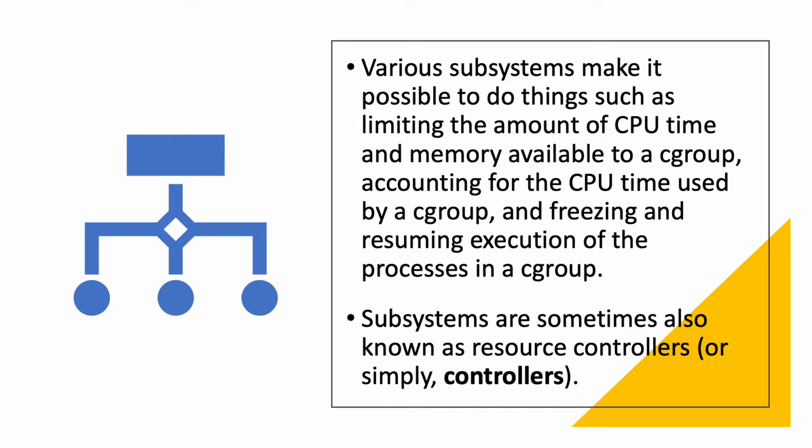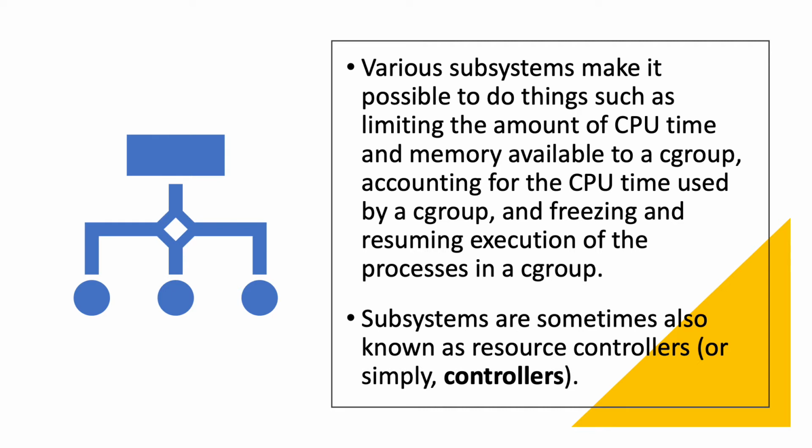And various subsystems make it possible to do things where you want to limit some sort of resource, like CPU or memory or anything like that, or assign accounting to a particular group, or freeze execution of processes, or resume execution of processes. And so these subsystems are controllers.